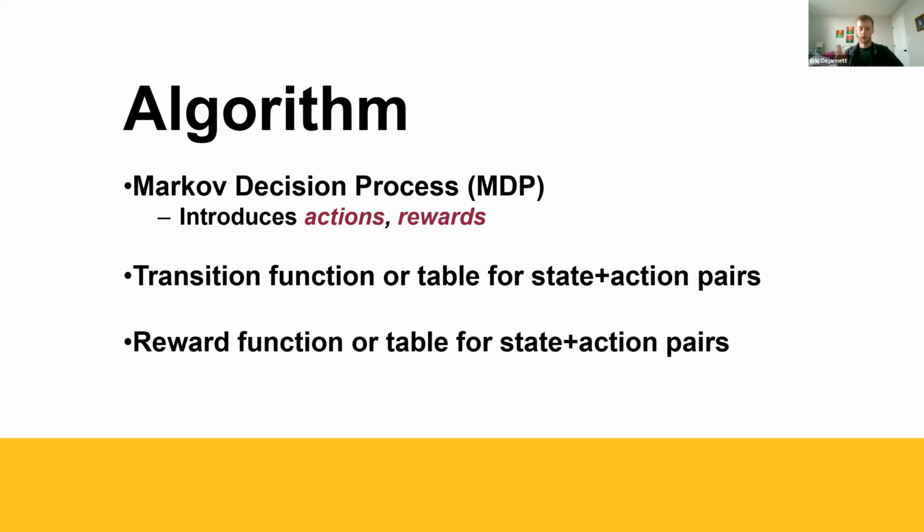You can do a lookup in the table and say, for state 1, I want to do action 0, what state am I going to end up in? And the table will tell you, oh, you're in state 3 now. In a similar manner, you also have a reward function or table, which maps in the exact same way, and it'll tell you for that transition what your reward is.